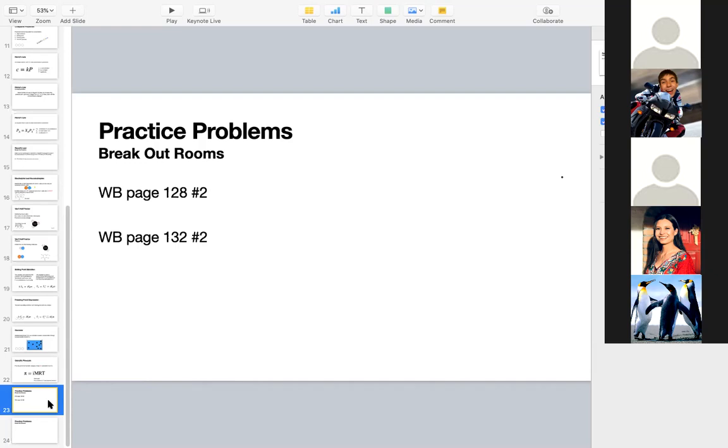It gives us our KB and our KF, and it's asking us to determine the boiling point and freezing point. So how are they going to change?